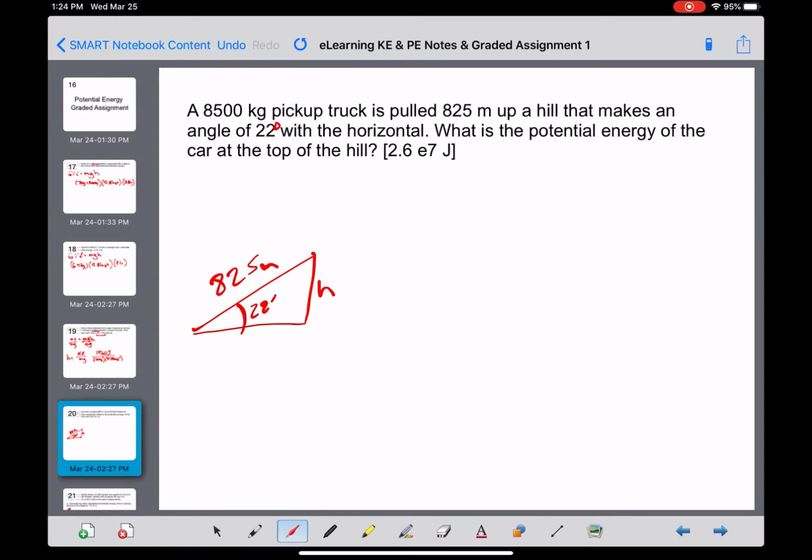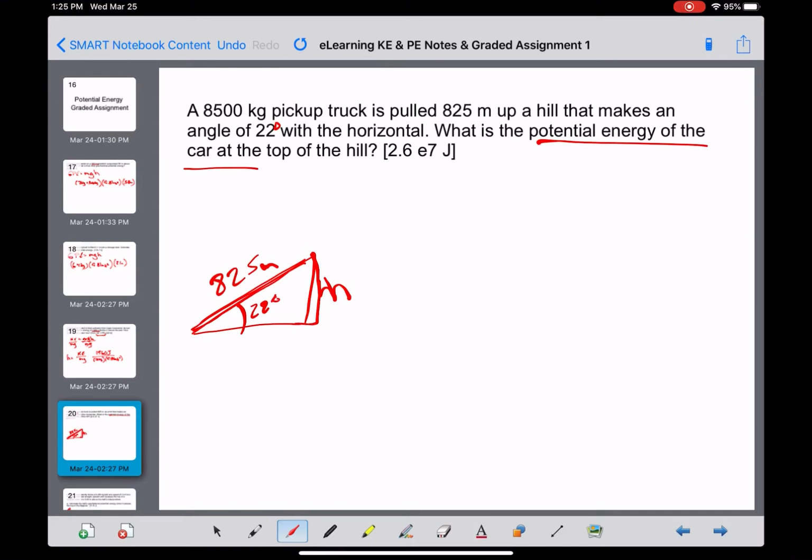So with this, we are looking for the potential energy of the car at the top of the hill. Remember that this is the length of the ramp that the car went up, or the hill that the car went up. In terms of work, all we did was the height, and we have a 22-degree incline there.